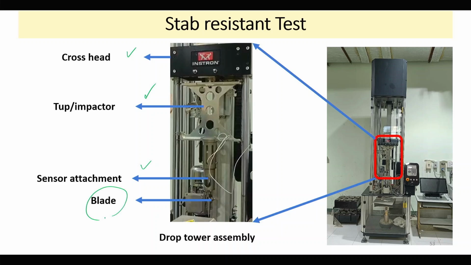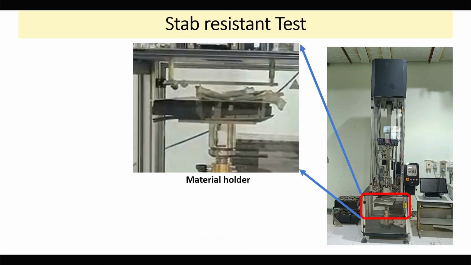Blades are replaceable after each strike; we have to replace the blade or spikes. Here is a sample holder at the bottom, the clamping device, and here is the standard backing material which we have already discussed.